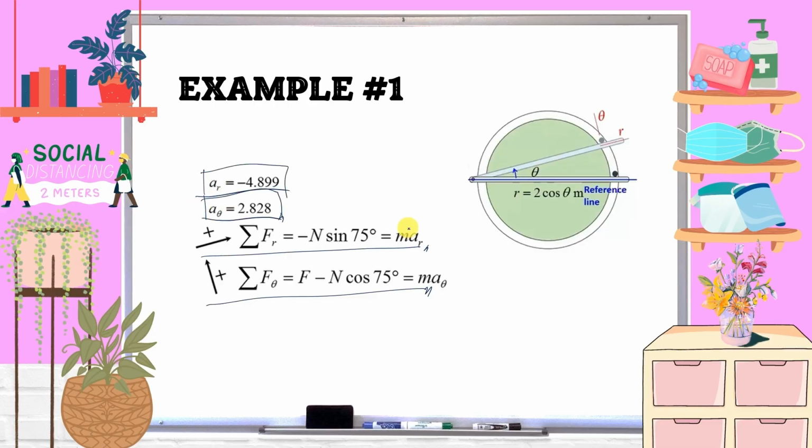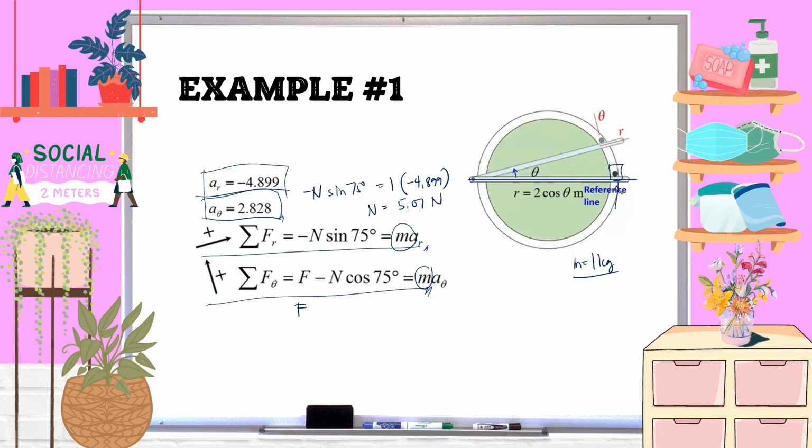And we already know that the value of the mass is 1 kilogram for the ball. Okay, so let's now solve for negative N. So this becomes negative N sine 75 degrees equals mass times a sub r, which is negative 4.899. Therefore, we will be able to get the value of N, which is 5.07 Newton. And we can now solve for force F, which is the unknown.